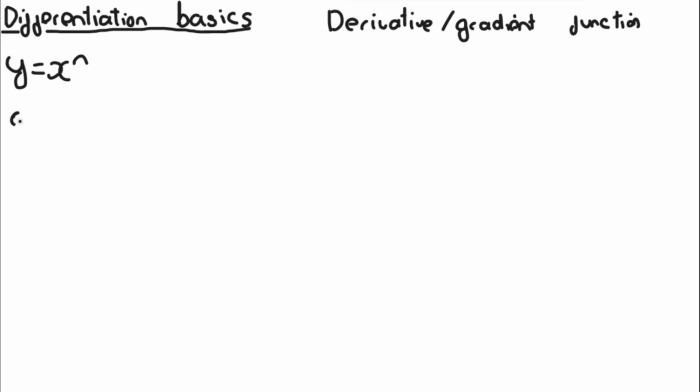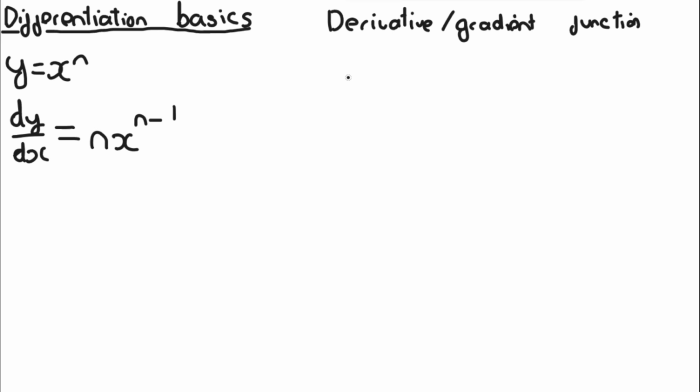And we call this dy over dx. So if y is equal to x to the power of n, dy over dx is equal to nx to the power of n minus 1. This is a really important rule that you need to remember.